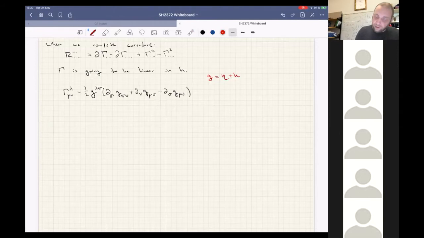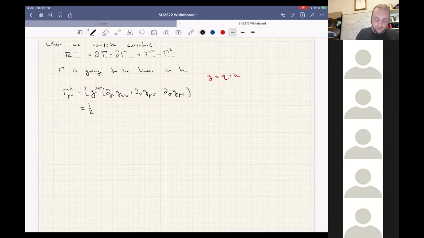Because if we look now here at the Christoffel symbols, since this parenthesis was linear in h, I can forget about any h terms in this inverse metric, because any h terms here are going to multiply this term, which was linear in h, and therefore end up being quadratic in h.